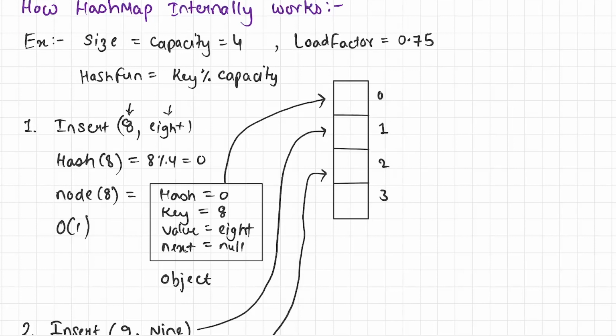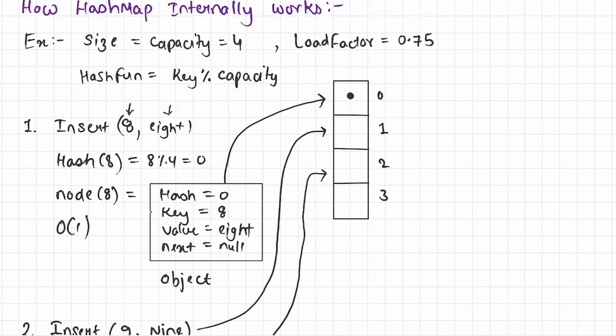I will explain the significance of next in a bit. So this object is created somewhere on the heap. Now the address of this object is going to be inserted at position 0. You can see that the reference of this object is stored here.